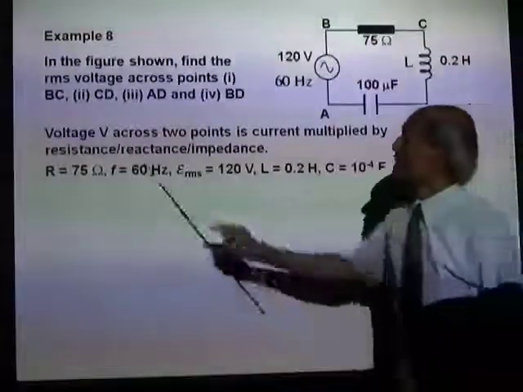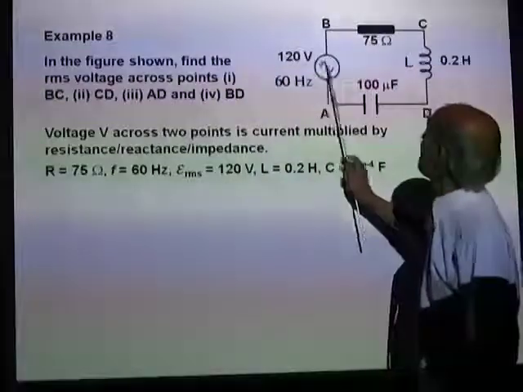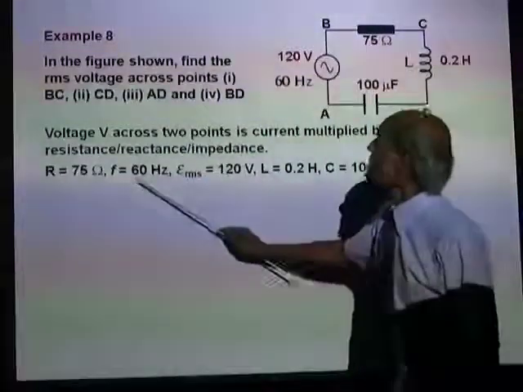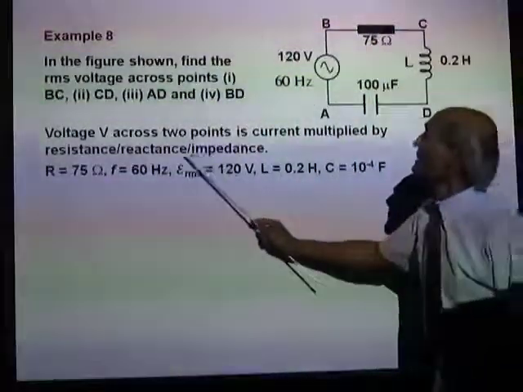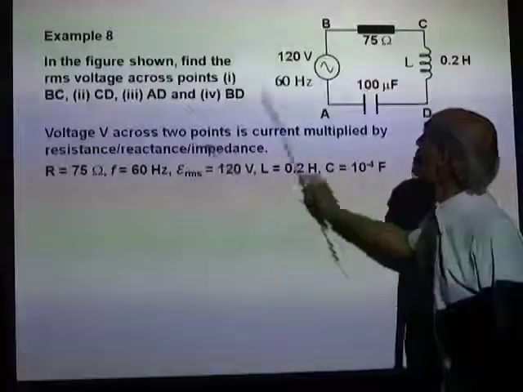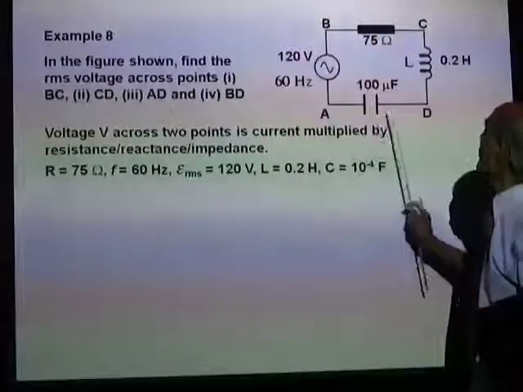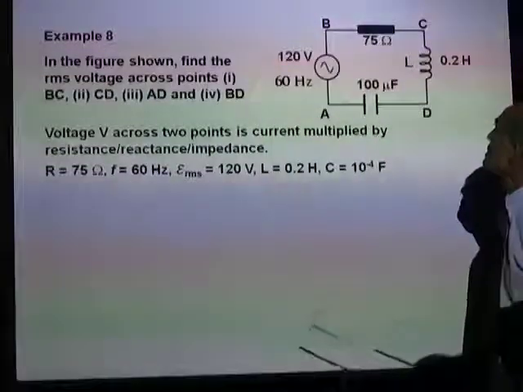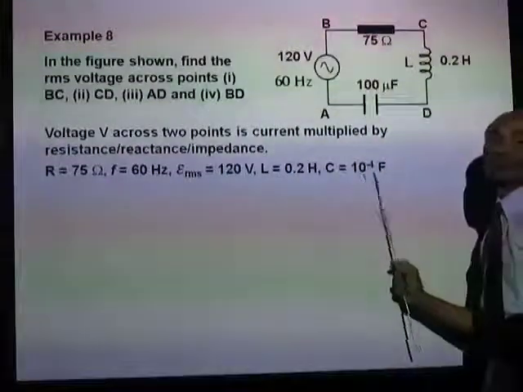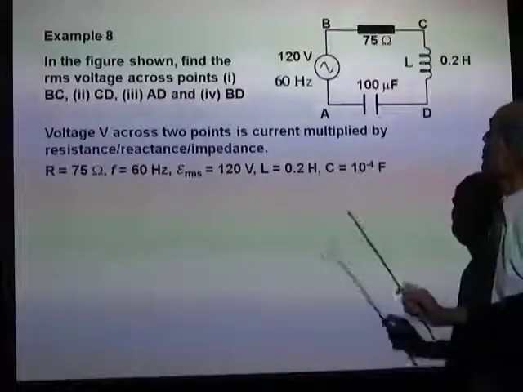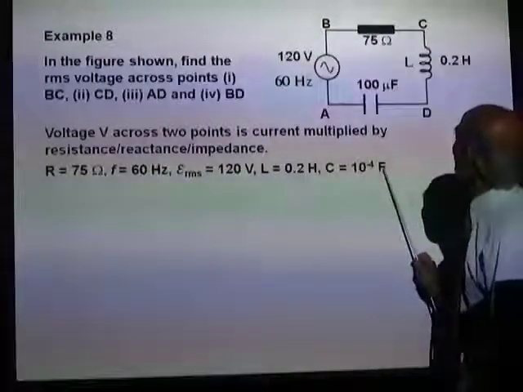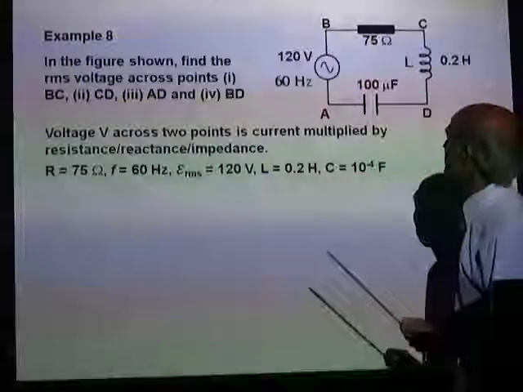Alright, so we got R equal to 75 ohm, frequency is 60 Hertz, the ERMS is 120 volts, L equal to 0.2 Henry, and the capacitance is 100 microfarad, which is 10 to the power of negative 4 farad.